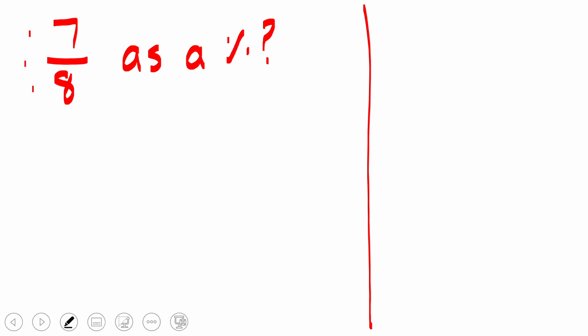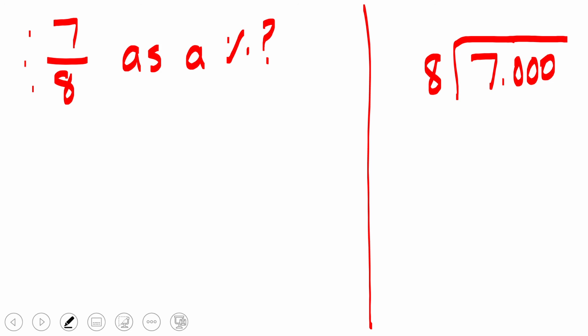So if we work that, then we're going to have 7 divided by 8. We're going to need some decimal spots behind our 7 here to work that. That makes sense. 8 goes into 7 0 times, but 8 goes into 70 8 times. And the decimal goes straight up.